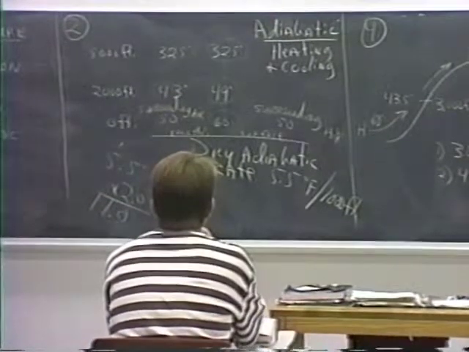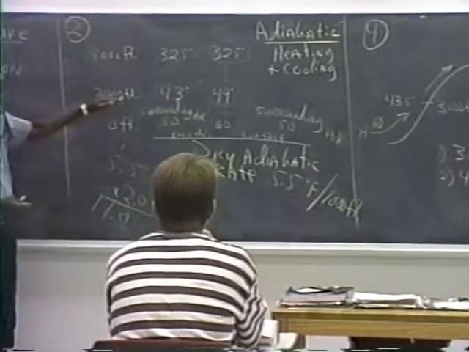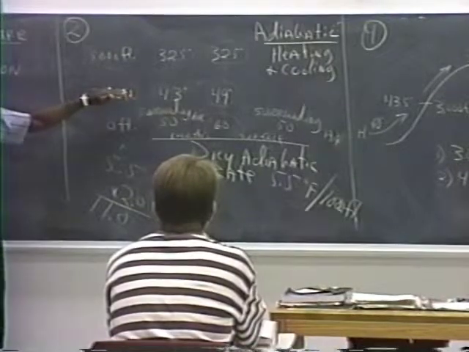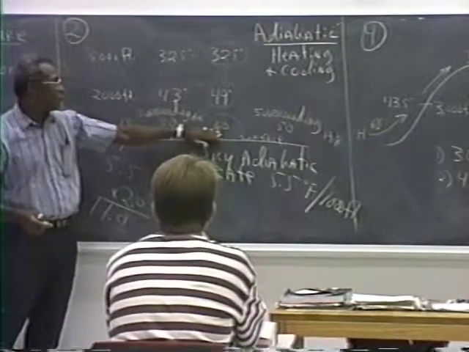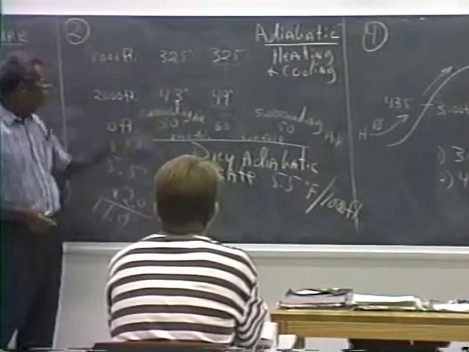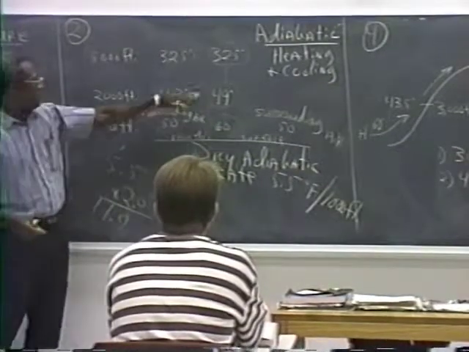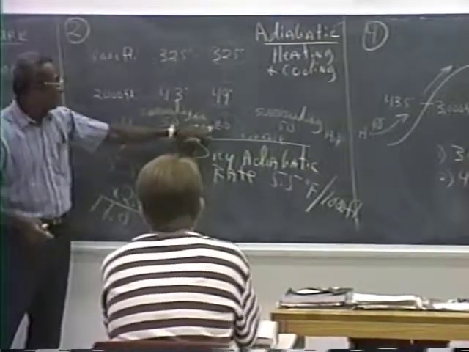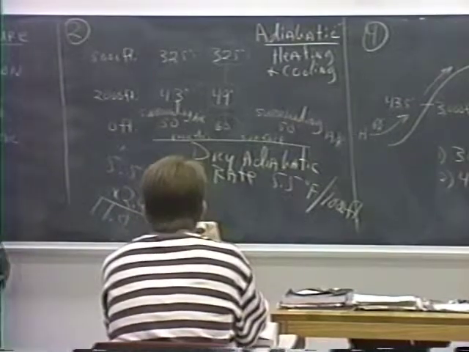And so this will give us 11. In other words, the temperature at 2,000 feet, the temperature of the air that was heated to 60 degrees Fahrenheit is 11 degrees cooler at 2,000 feet than what it is at the surface, where it's 60 degrees.